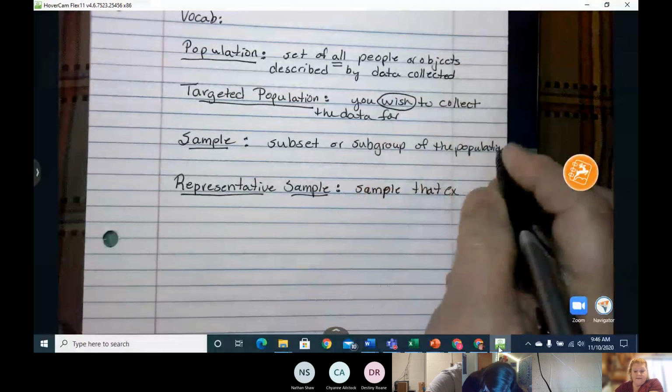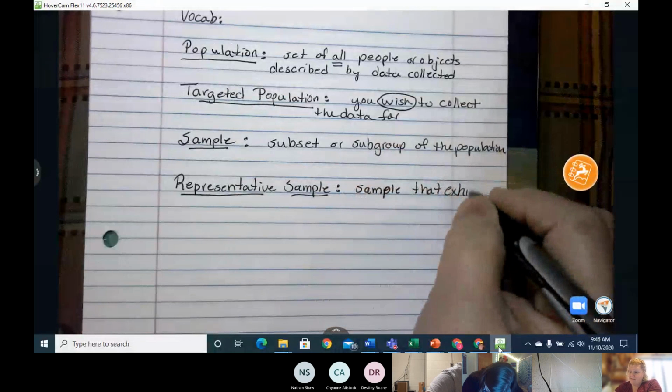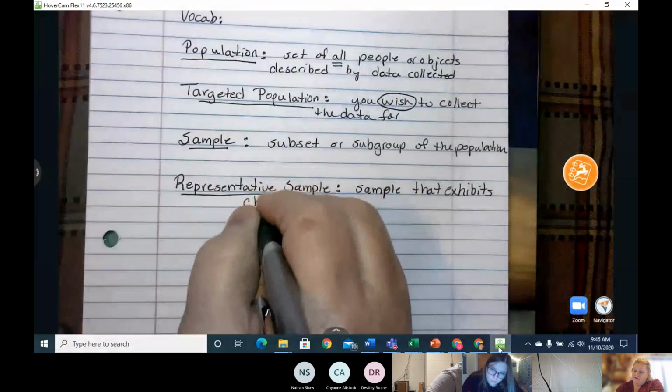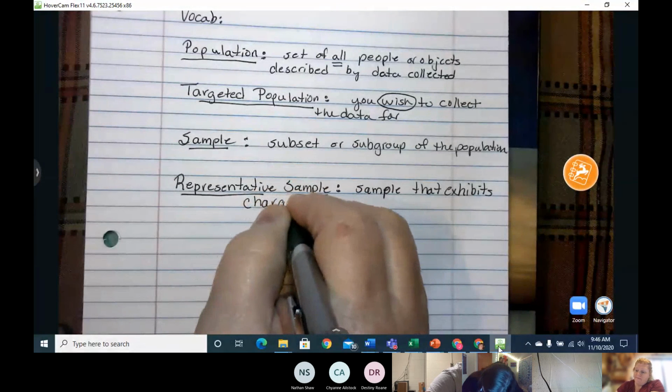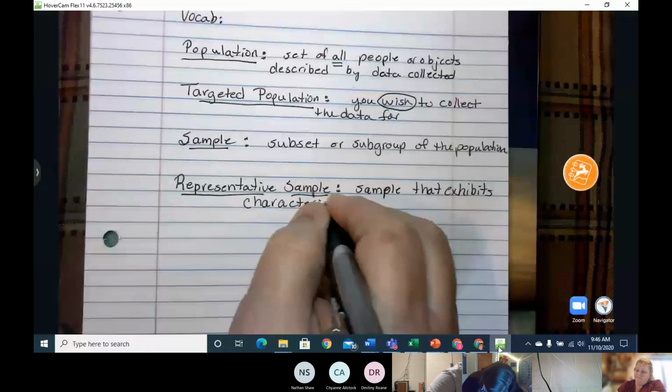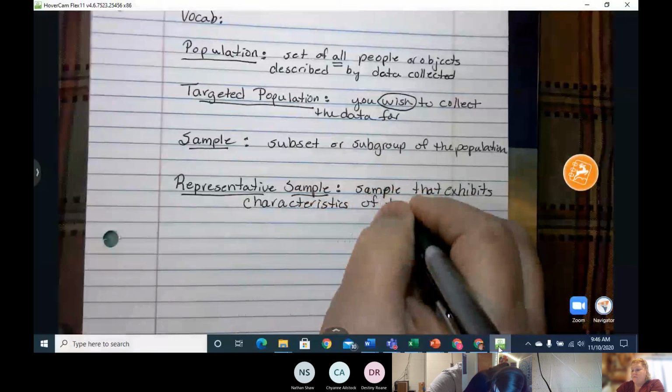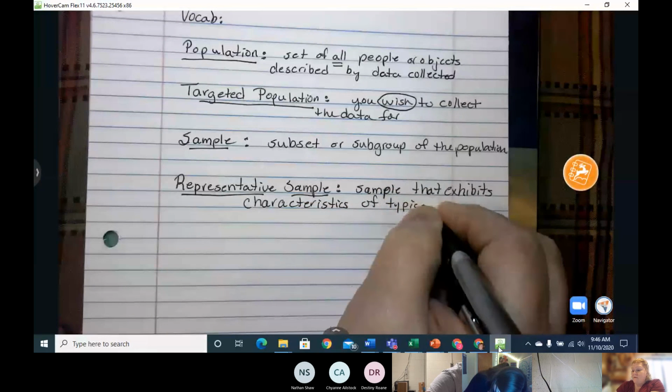And this sample exhibits the characteristics of a typical sample.